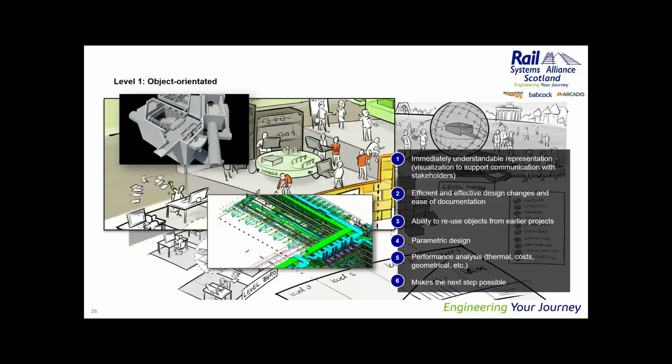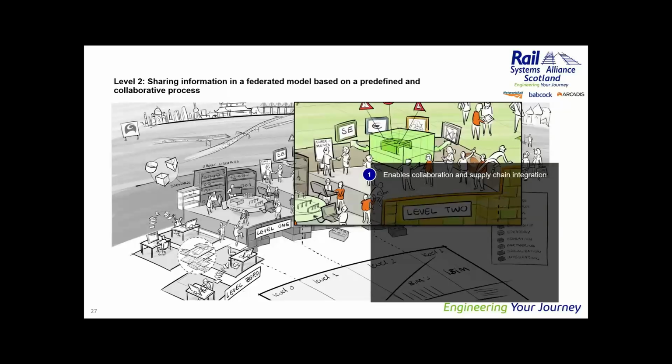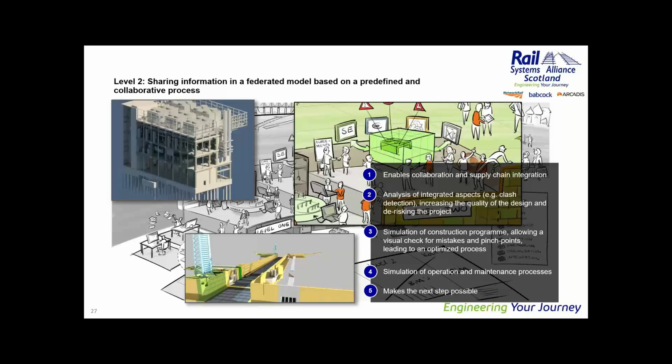Level 2, which I think is where a lot of the industry are there or thereabouts. Some organisations might have a better grasp on some of the aspects than others, but I think most of the industry are at this BIM Level 2 stage about now. BIM Level 2 enables collaboration within the supply chain. BIM Level 2 enables analysis of your models and the aspects of what you design, clash detection, and de-risking projects.